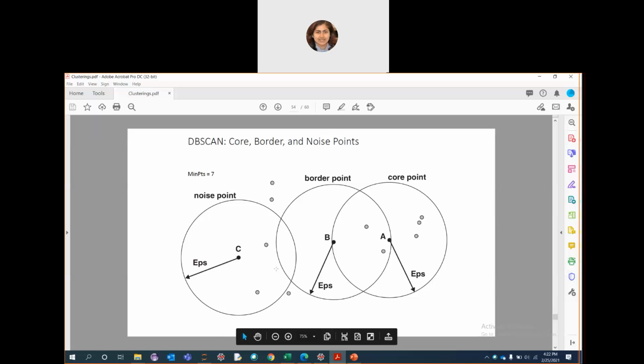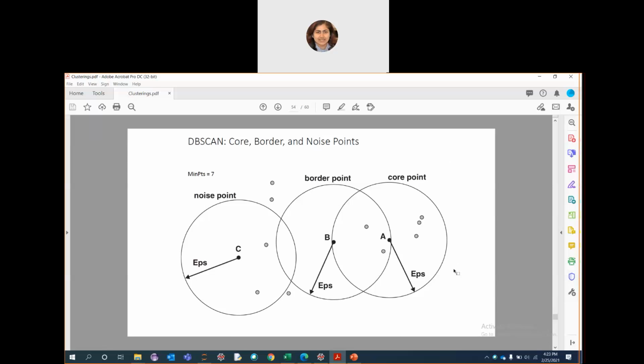And it is not considered a border point because it is not in the neighborhood of a core point. So if we consider A as a core point and B as a border point, then with respect to this whole region, C becomes the noise point or the outlier.